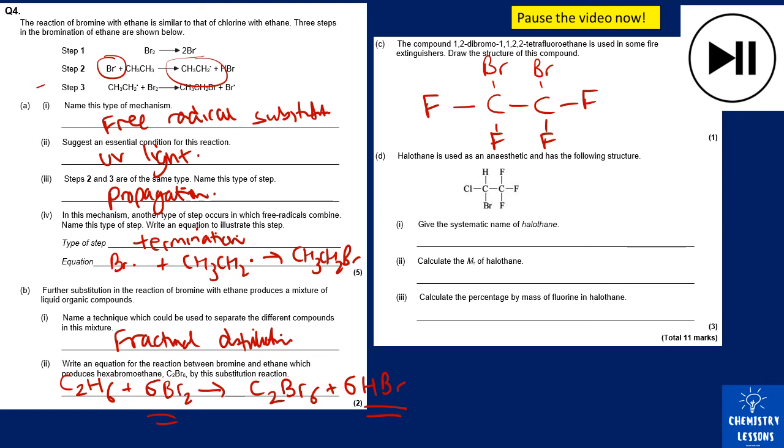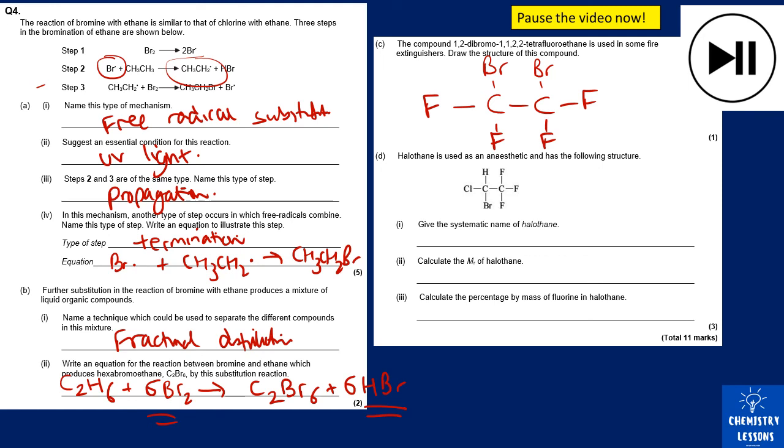I could have 1-bromo, 1-chloro, 2,2,2-trifluoroethane. The order of the bromo, chloro, fluoro is essential because you must go in alphabetical order at that point. So B, C, F. So the bromo comes before the chloro comes before the fluoro. So just to say the 2 correct answers again then, 2-bromo, 2-chloro, 1,1,1-trifluoroethane, or 1-bromo, 1-chloro, 2,2,2-trifluoroethane.